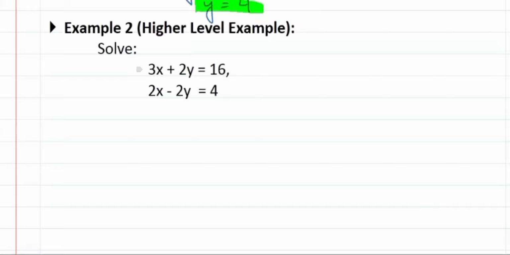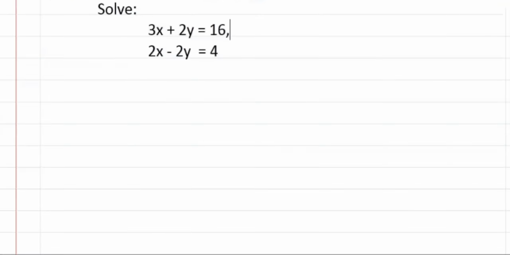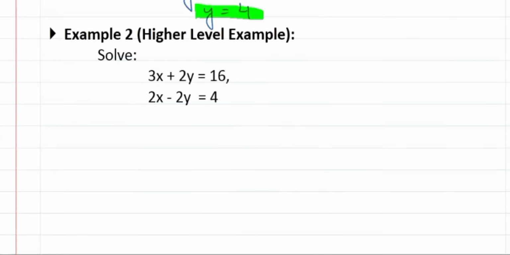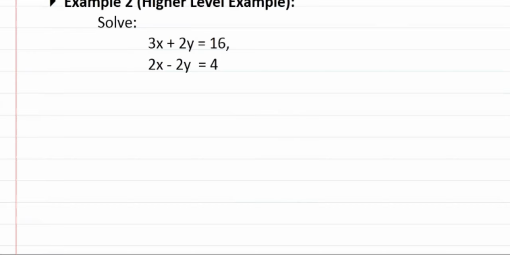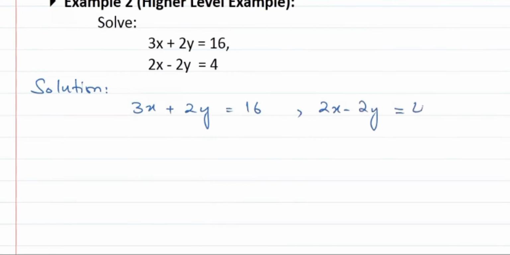Now, let's solve example number 2, which is a higher level example. The equations are 3x plus 2y equals 16 and 2x minus 2y equals 4. What was our first step? Our first step was to write the equations clearly. 3x plus 2y equals 16 and 2x minus 2y equals 4.